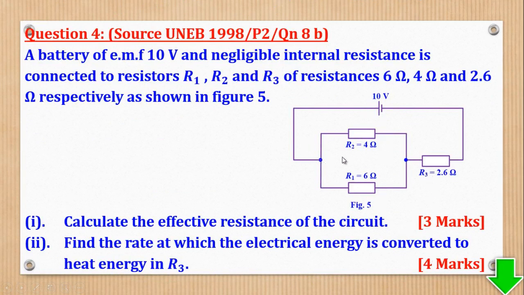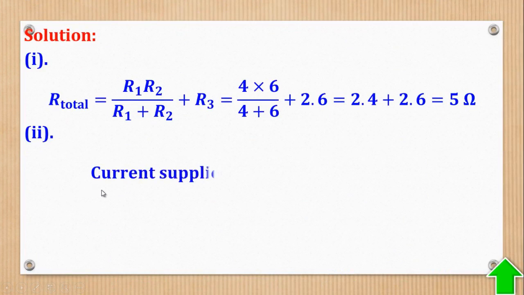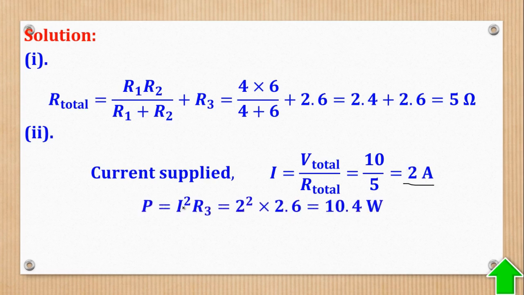When you know the total resistance, you can get the total current. Current supplied is V total over R total to come up with 2 ampere. Therefore, power dissipated will be I squared R3, to give you the 10.4 watts which they wanted.